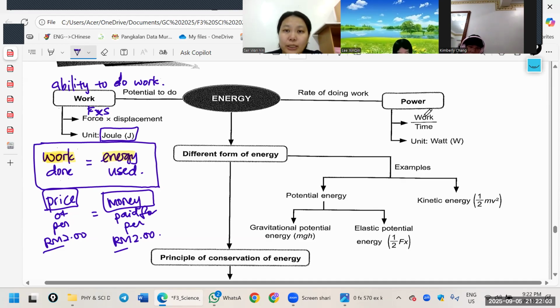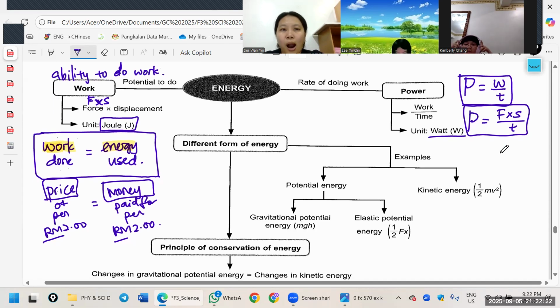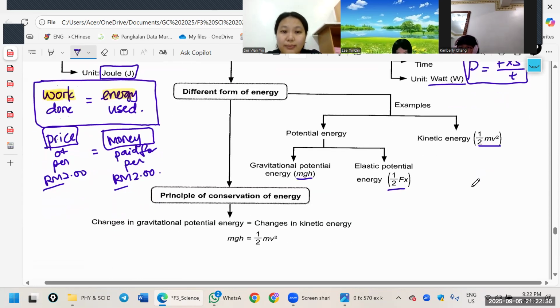Okay, then power is the rate of doing work. So we say power equals work divided by time, or power equals force times displacement divided by time. The unit is what? Okay, then we have two potential energies: gravitational potential mgh, elastic potential half Fx, and kinetic energy half mv squared, right?